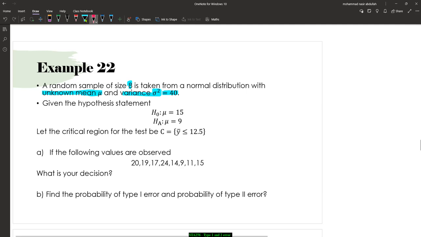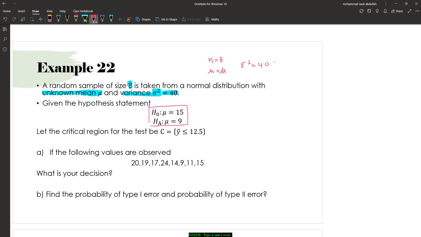So here we have n equal to 8, mean equal to mu, and sigma squared equal to 40. Given a hypothesis testing statement: null hypothesis mu equal to 15, alternative hypothesis mu equal to 9.